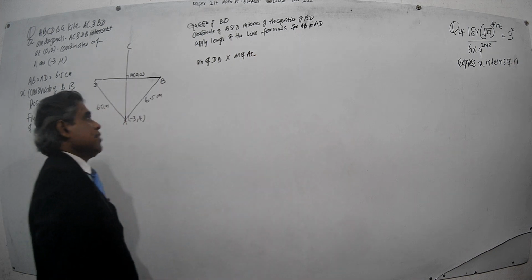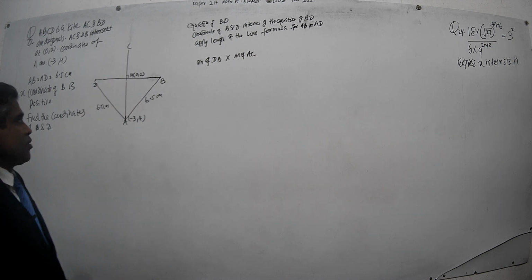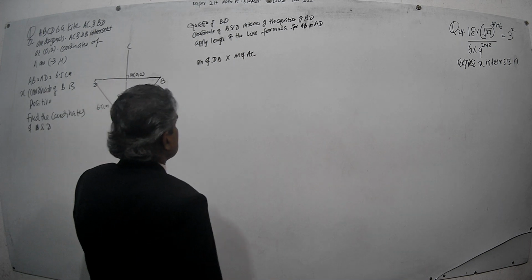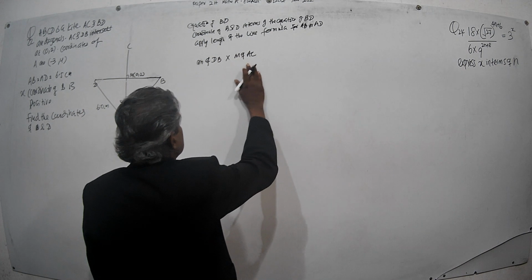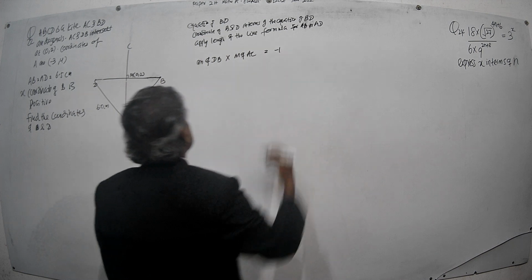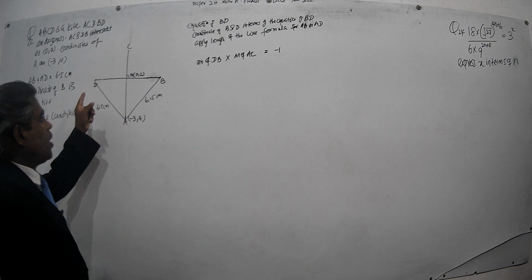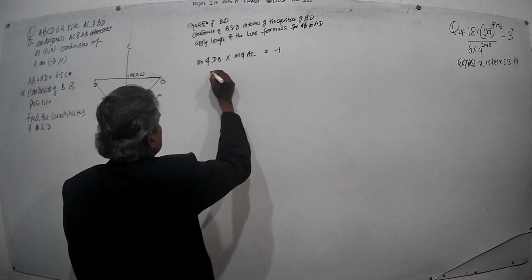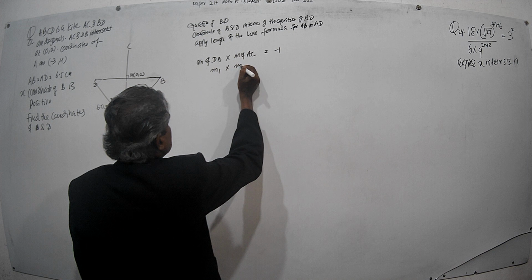The gradients of two perpendicular lines multiply to -1. This is the principle. Let the gradient of DB be M1 and the gradient of AC be M2.